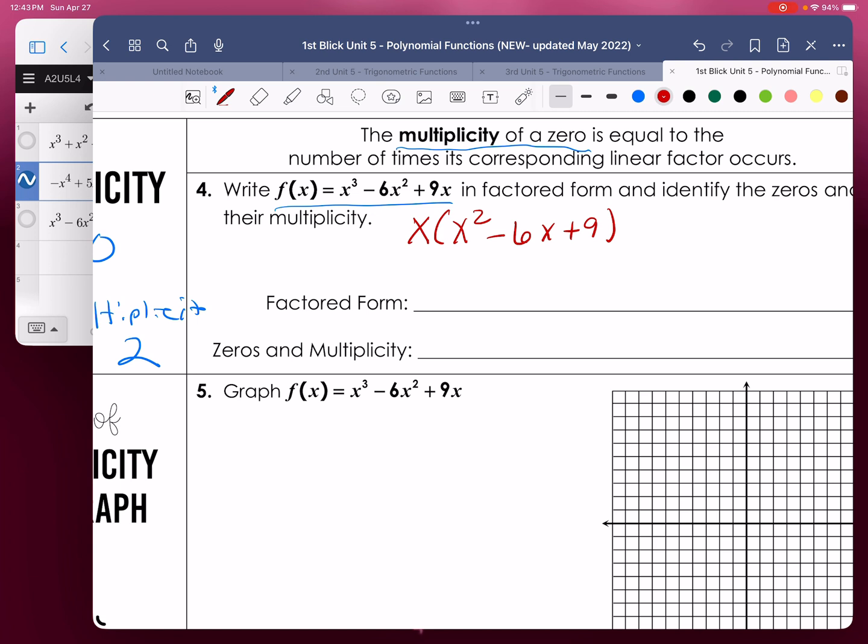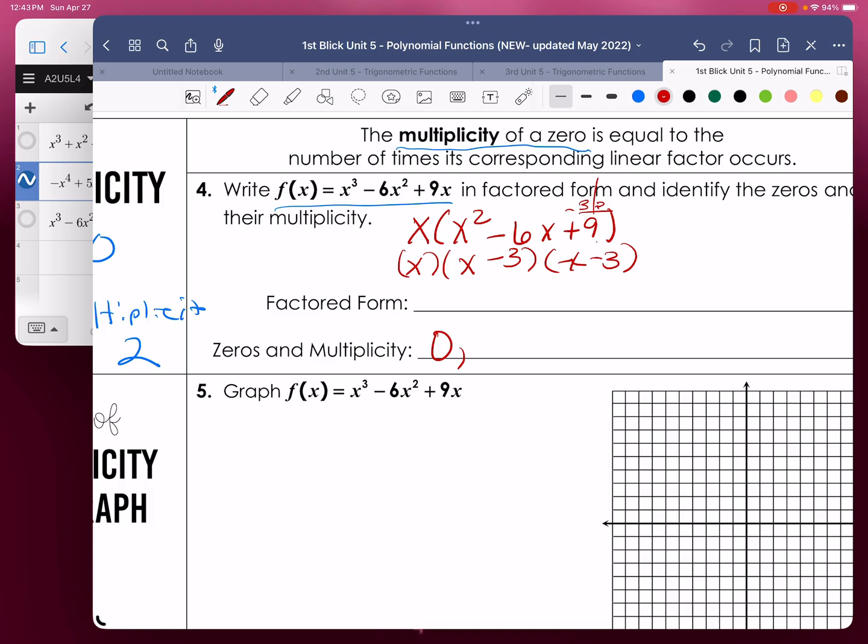Now that trinomial factors into what? x minus 3, x minus 3. You needed a pair of numbers that multiplied to give you positive 9, but added up to give you negative 6. So that's negative 3, negative 3. Okay, so what are my zeros here? Well, the x is equal to 0, so I can put that down.